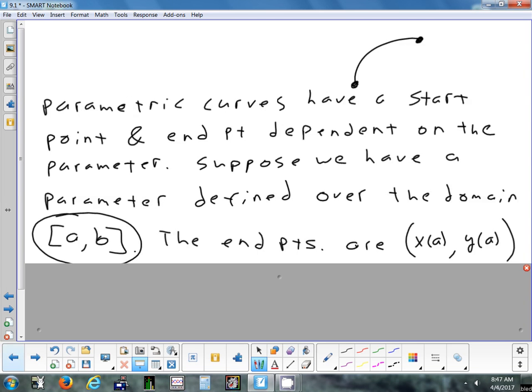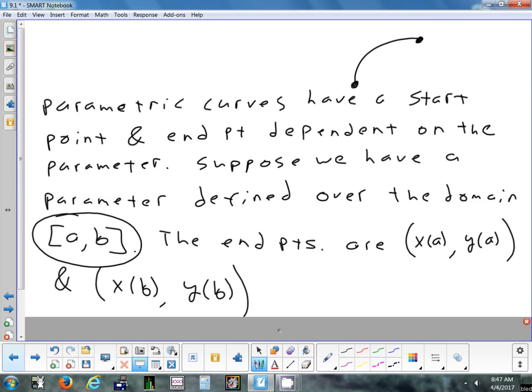Okay, the way you figure out the endpoints of the curve is you use those two numbers. A has to do with where the curve starts. B has to do with where it stops. And how do you figure out exactly where it starts and stops?